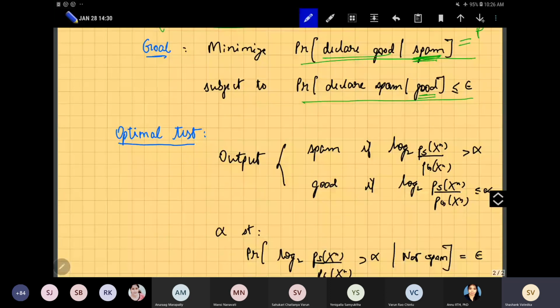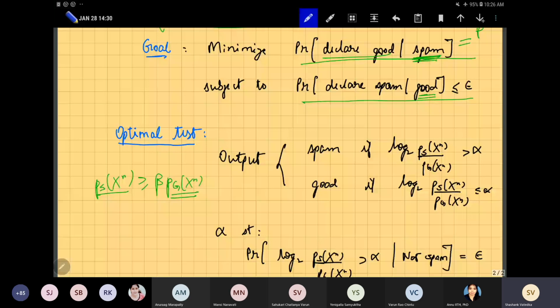So basically the most logical thing to do would be to say that if PS of xn is greater than or equal to some beta times PG of xn, if the probability under the spam distribution is greater than or equal to some constant times the probability under the good distribution, then you declare this as spam, right?